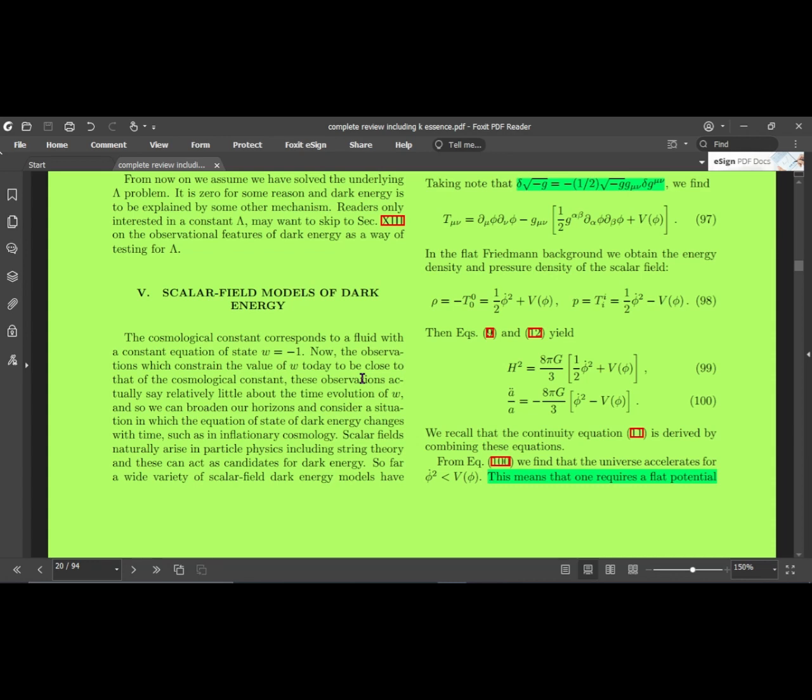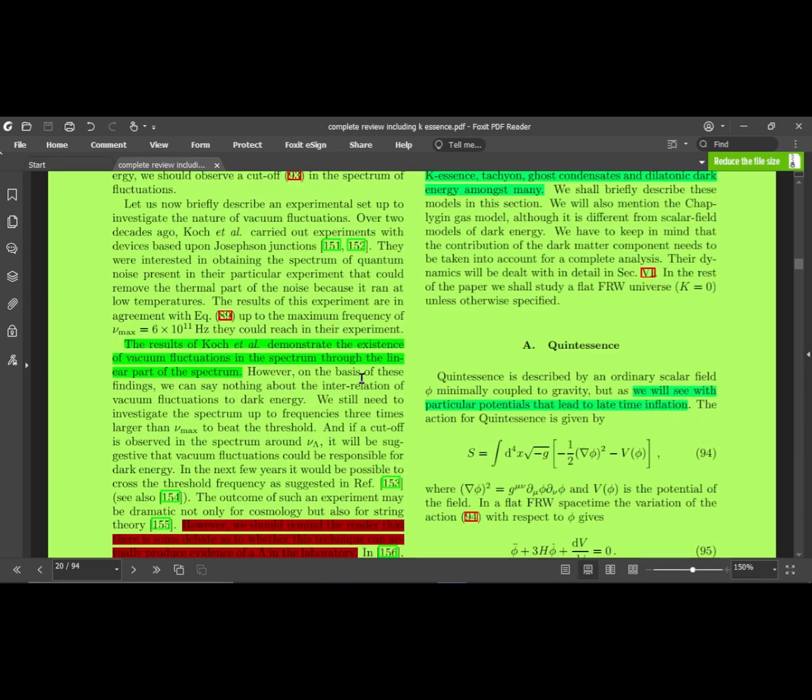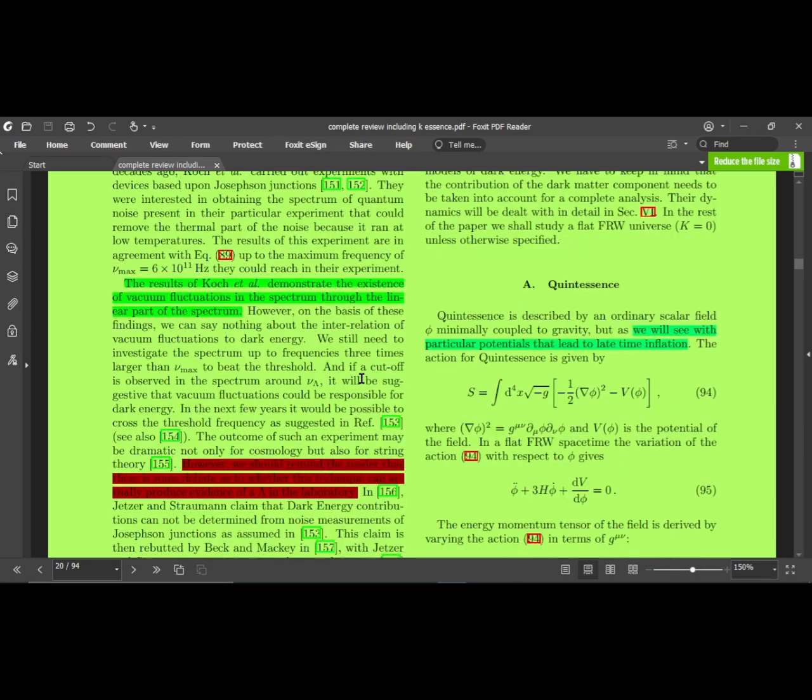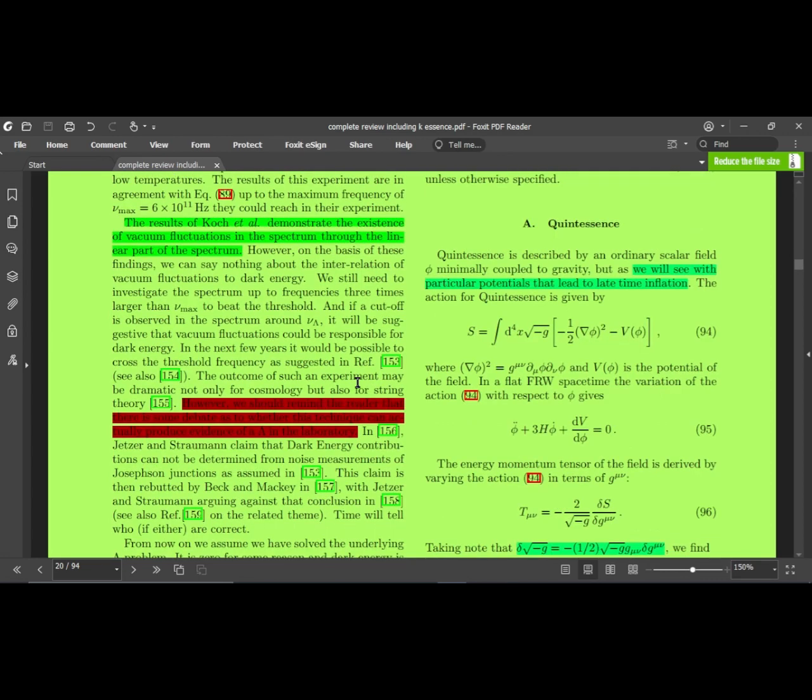For that purpose, we need to understand how this scalar field will actually give us the dynamics. To understand this, we are taking a very simple way of looking at the scalar field, which has some kinetic term and a potential. Now, how do we encapsulate it with Einstein's gravity?